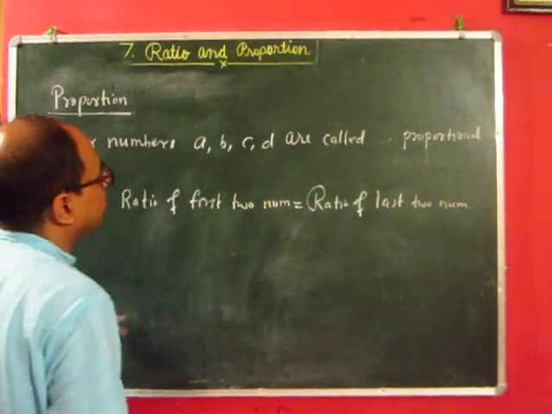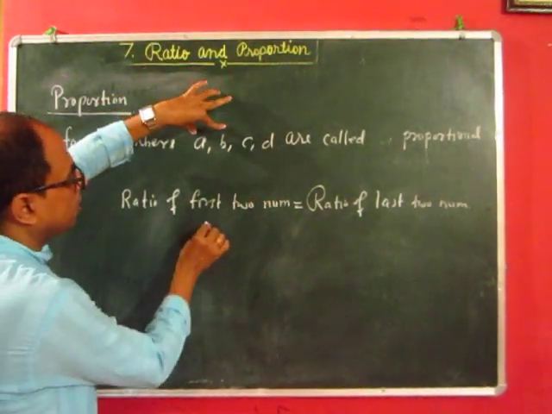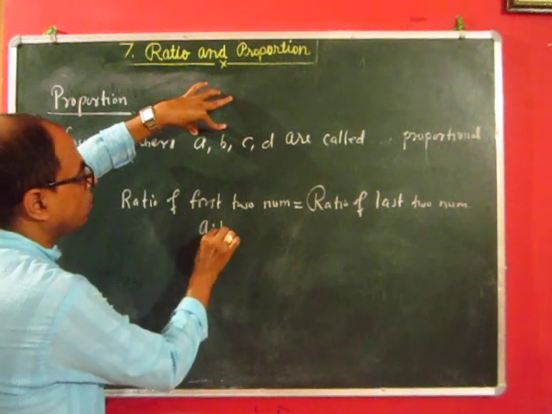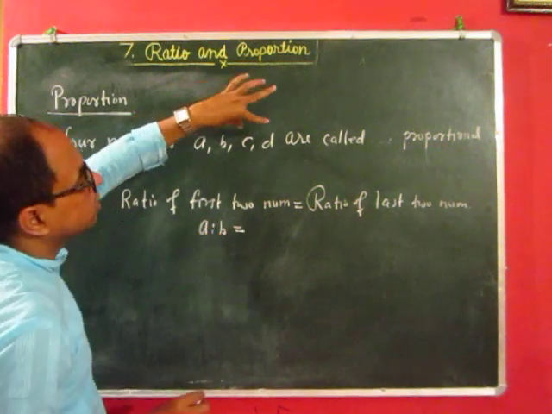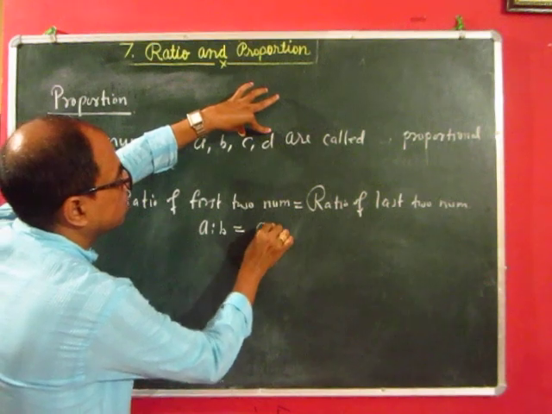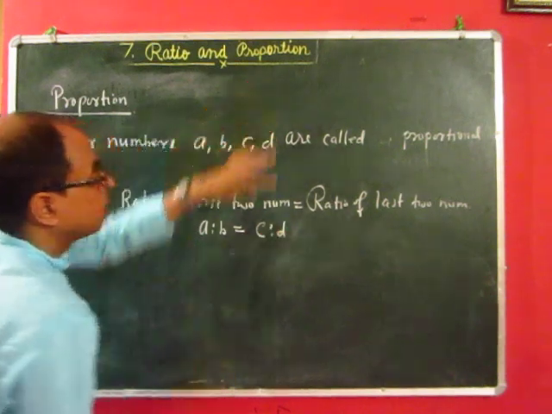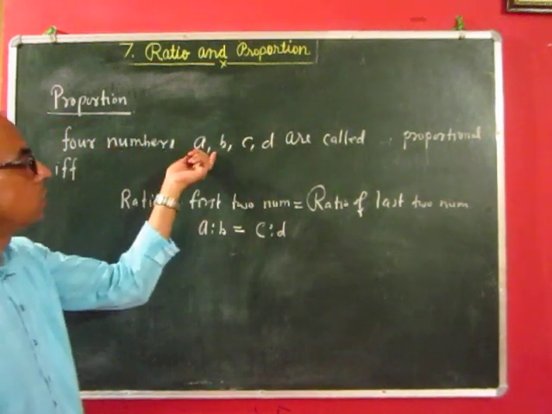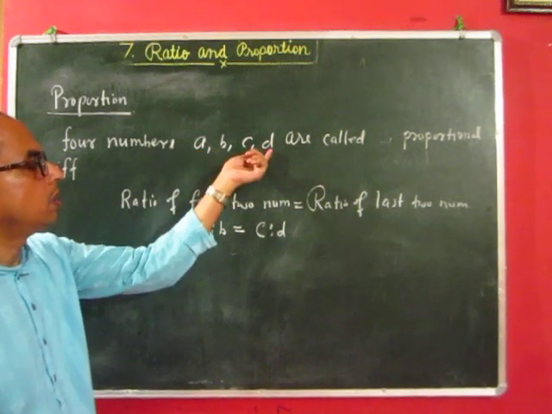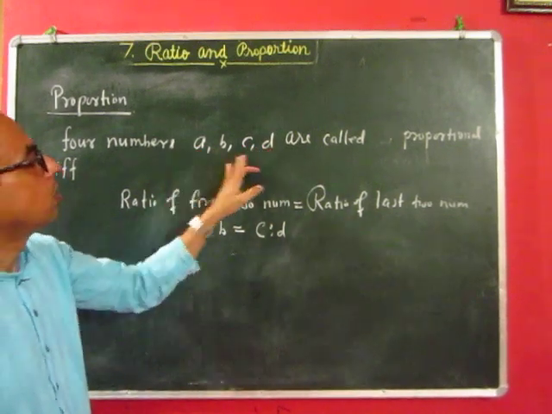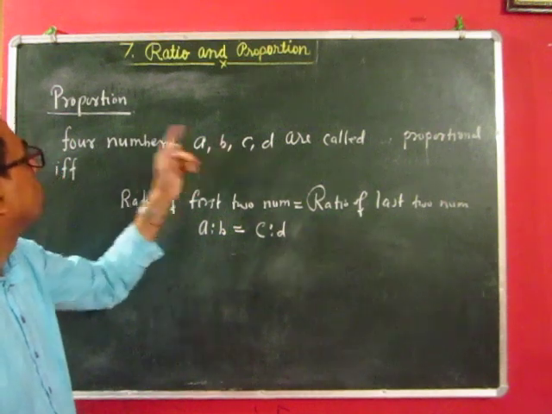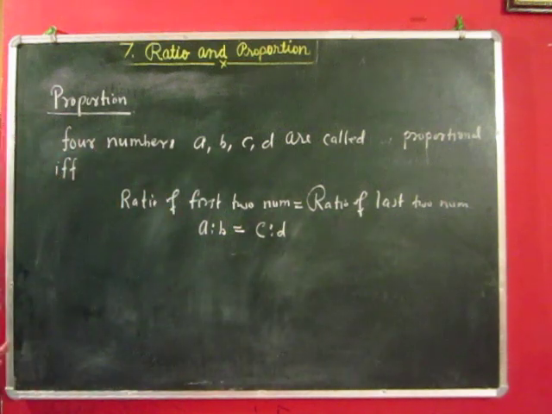Clear? That means the ratio of the first two numbers, A is to B, is equal to the ratio of the last two numbers, C is to D. So if the ratio of the first two is equal to the ratio of the last two numbers, then all the four numbers in order are called proportional.